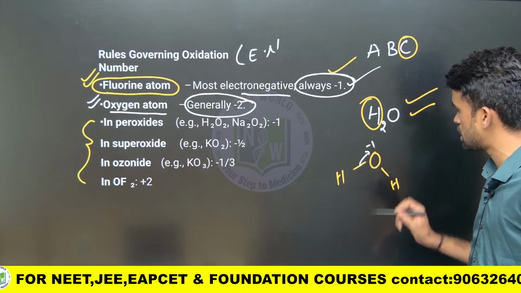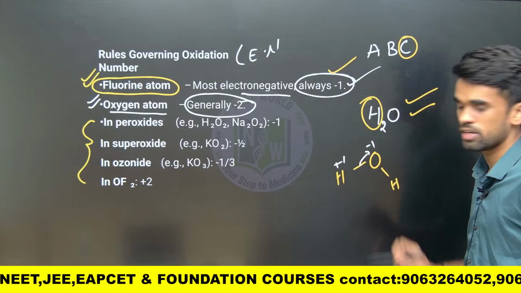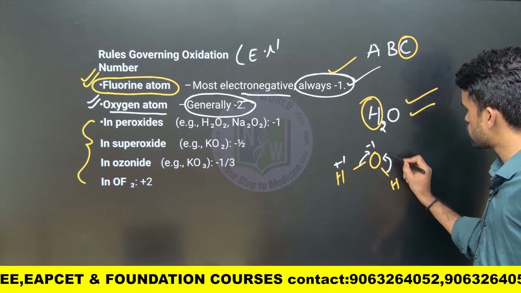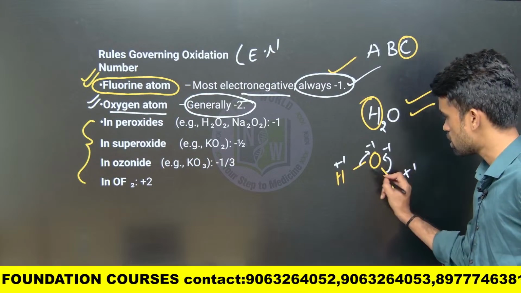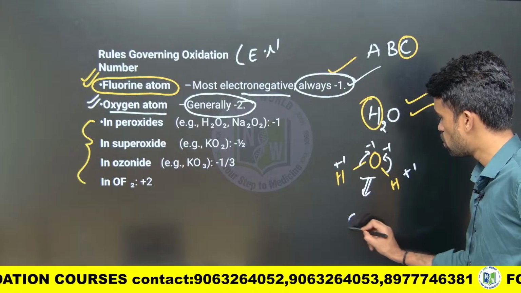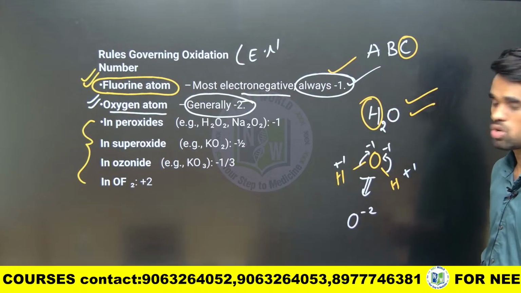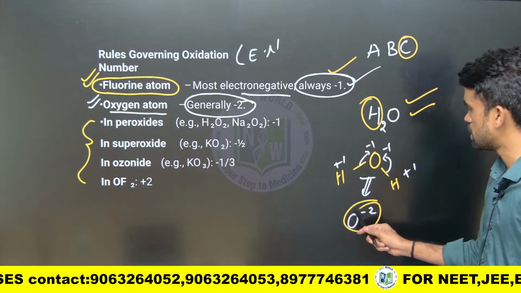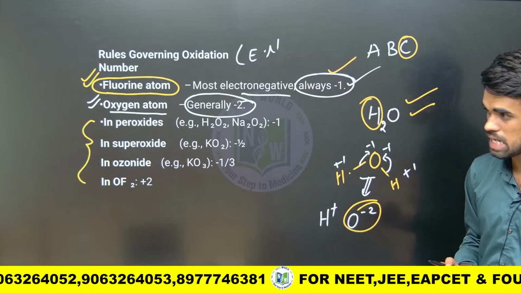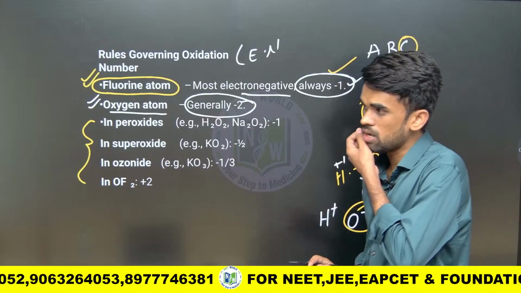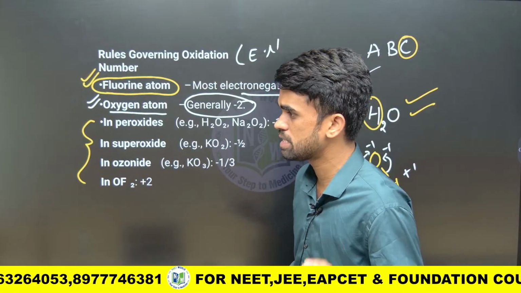So -1 with respect to this bond, +1 on the hydrogen. And here also -1 with respect to this bond, +1 on this hydrogen. So what is the oxidation state of oxygen here? O2 minus, so the oxidation state of oxygen is -2. And what about hydrogen? It is +1. Hope it is clear. Like this you need to write the oxidation states for each of the elements.